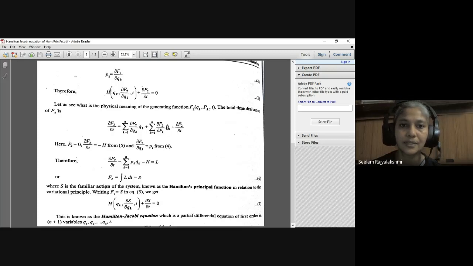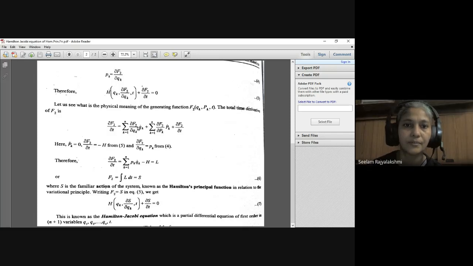So if you substitute P dot k equal to 0, dou f2 by dou t is equal to minus h from equation number 5, and dou f2 by dou qk is equal to pk from equation number 4, that is, small pk equals dou f2 by dou qk.